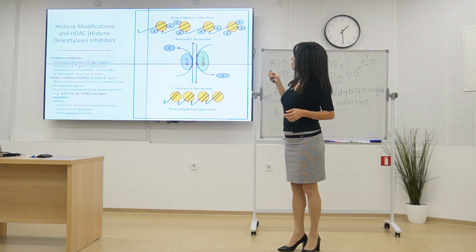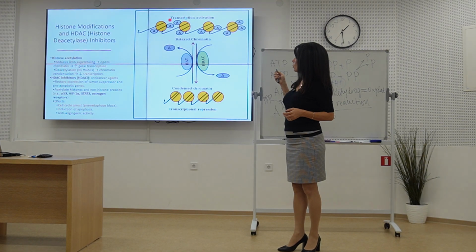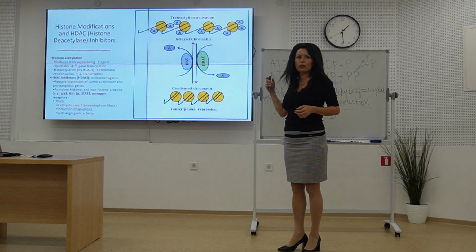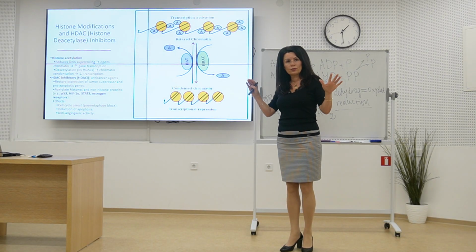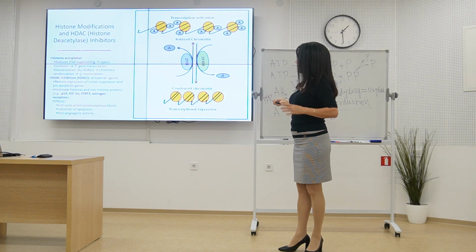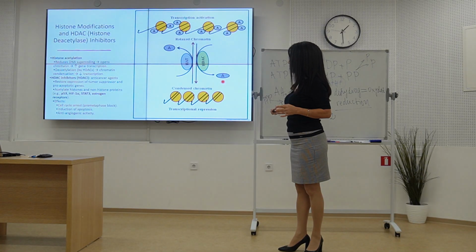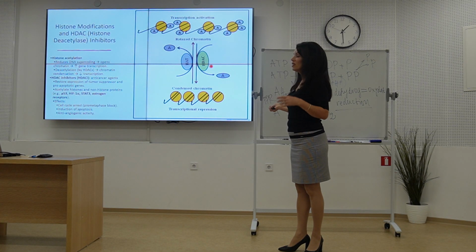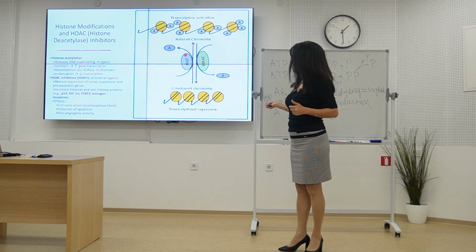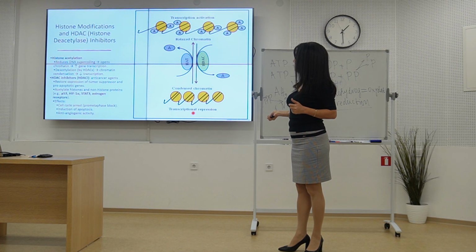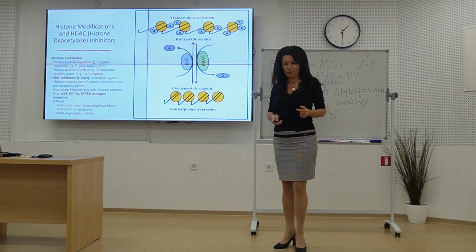If there is acetylation of histone proteins, there is transcription activation with relaxed chromatin, which means active. If there is deacetylation by enzymes called deacetylases, the chromatin will be condensed, and this means transcriptional repression.